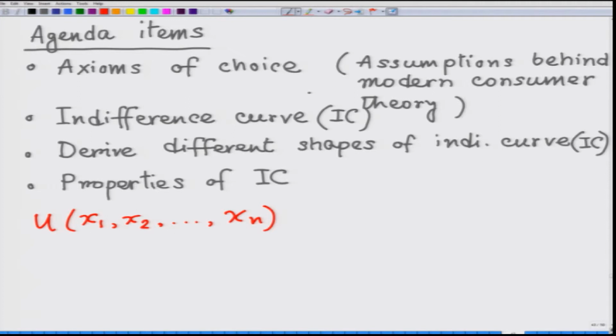Now, what is the constraint? This is the postulate part of the consumer theory. So, the consumer wishes to maximize his or her utility subject to a thing called budget constraint. The consumer starts with some money income M, and this money income he has to spend on different goods.